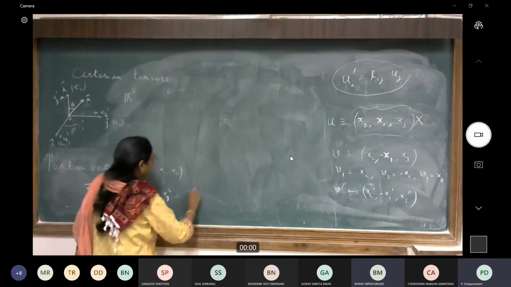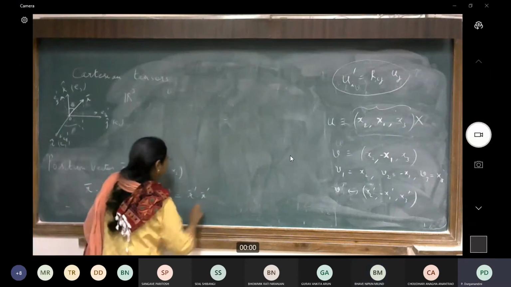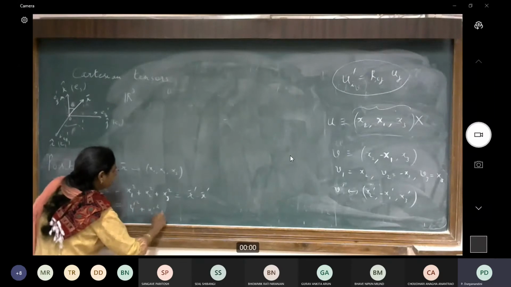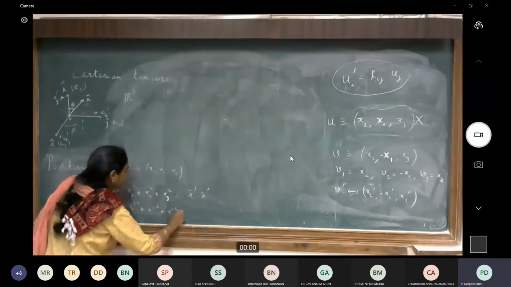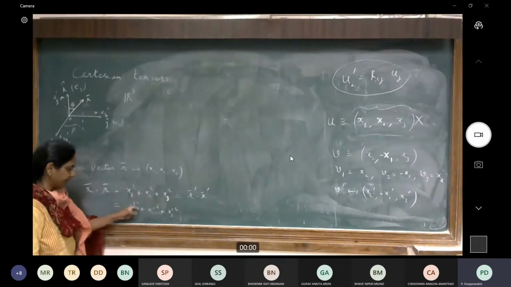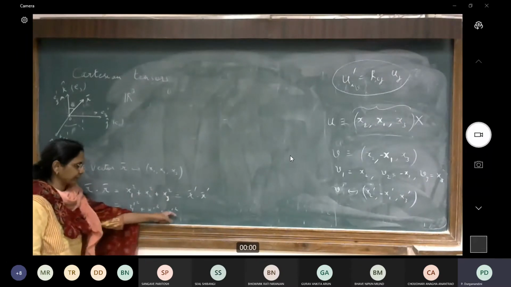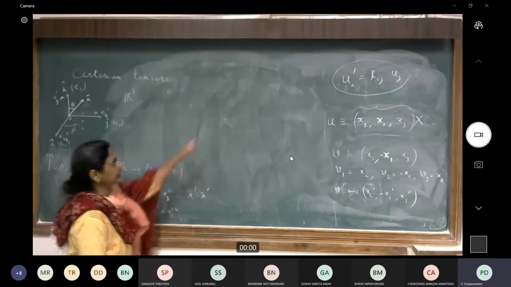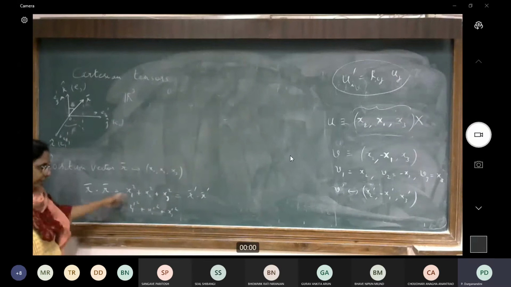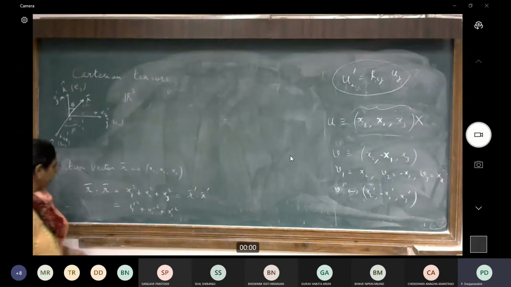Because it's going to become r prime dot r prime, so it is simply going to become x1 prime square plus x2 prime square. In other words, your x1 square plus x2 square plus x3 square is the same as x1 prime square plus x2 prime square plus x3 prime square, given that we have made the transformation a rigid rotation transformation. The length of the vector doesn't change.